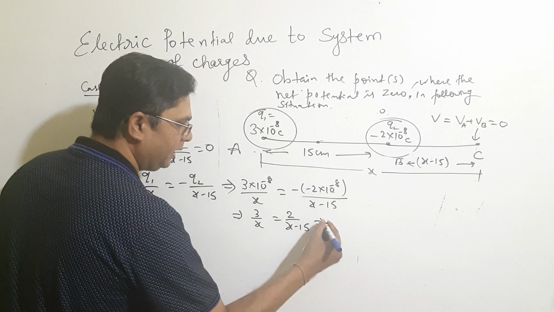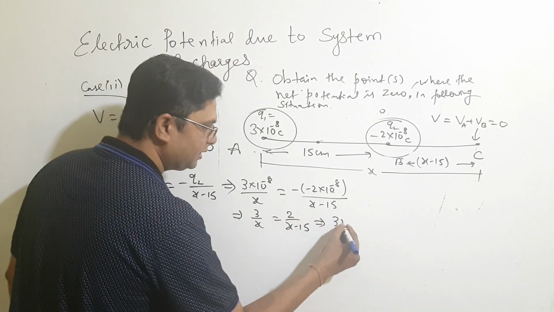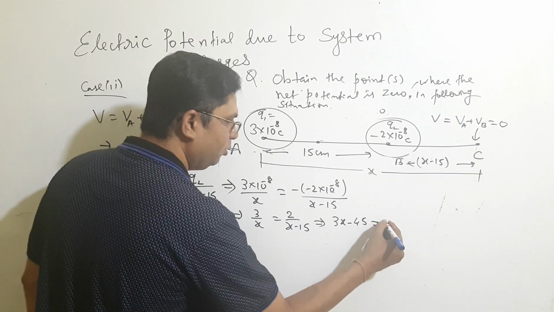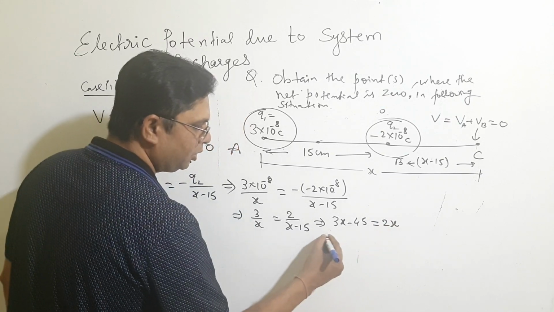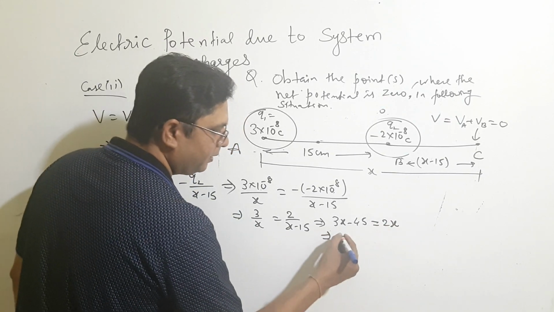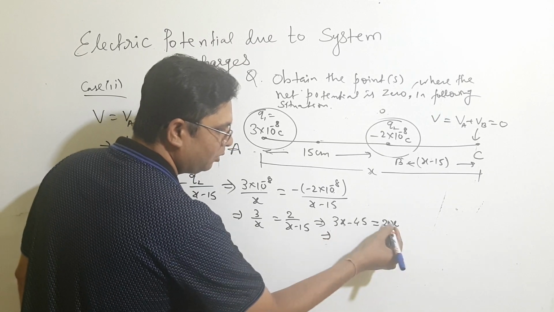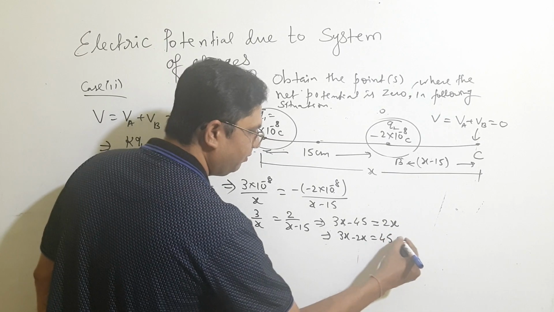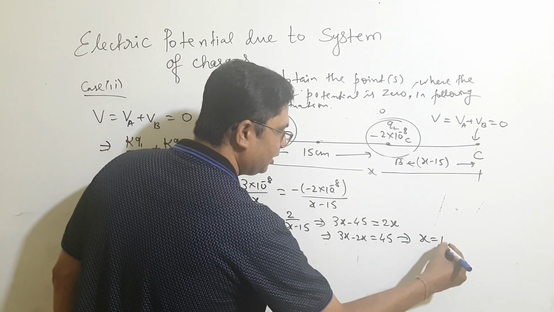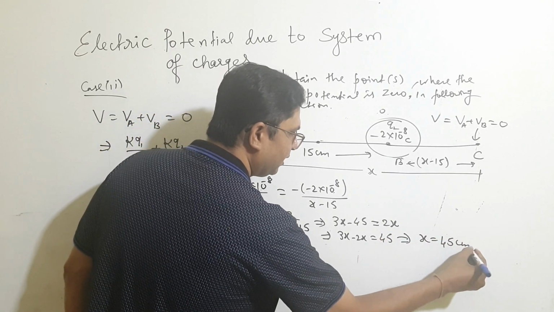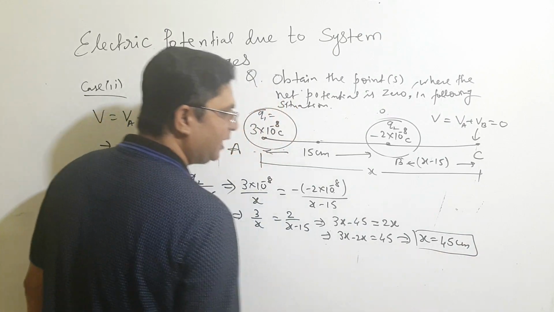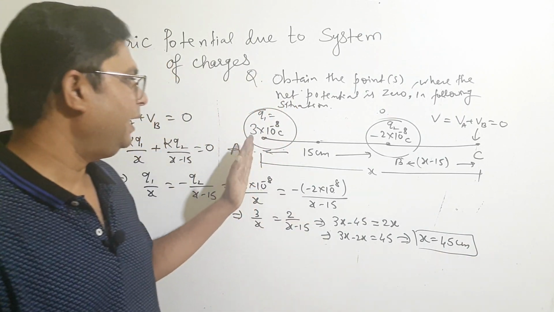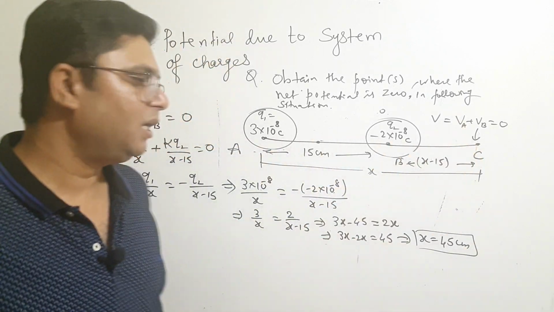Again cross multiply it. So you have 3x minus 45 equals 2x. So 3x minus 2x equals 45, which means that x equals 45 centimeter from point A, where the potential will be 0.